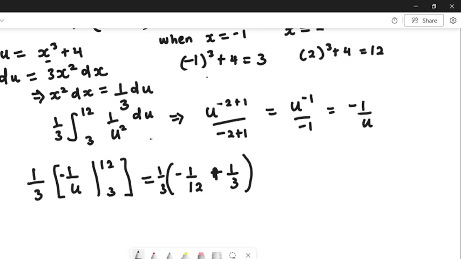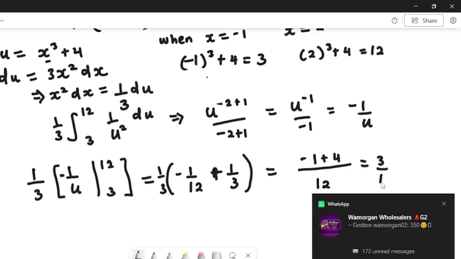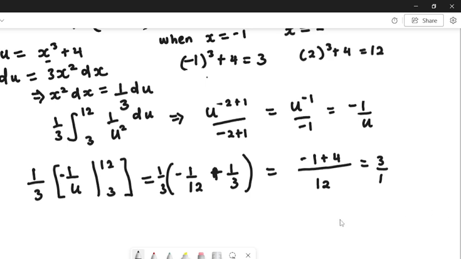We use the LCM: -1 plus 4 is 3, so we get 3 over 12, which is the same as a quarter.